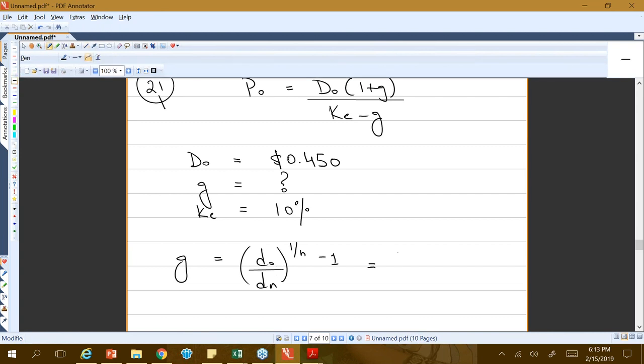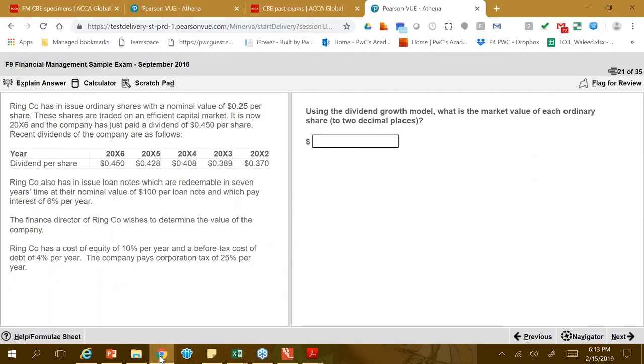Let's input the values. The dividend now is 0.45. The past dividend here is 0.370. This is the past dividend, the 20x2 value given.